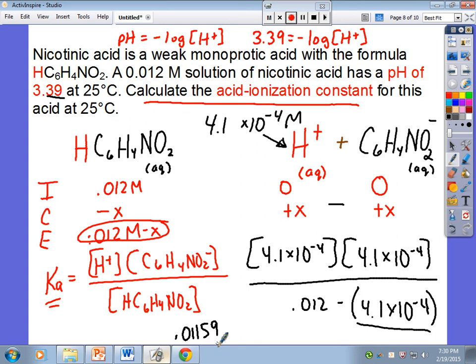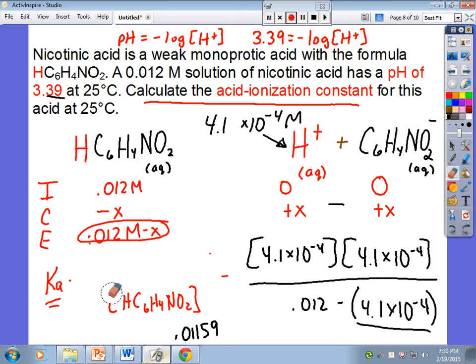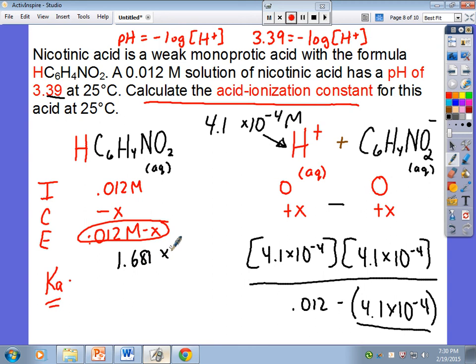And for the top number here, I get 1.681 times 10 to the minus 7th. And divide that by 0.01159.